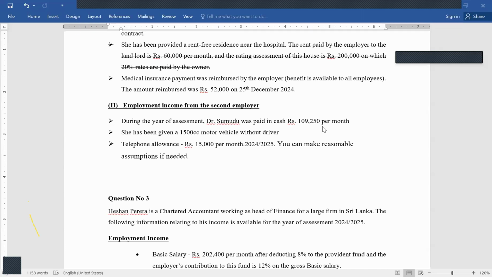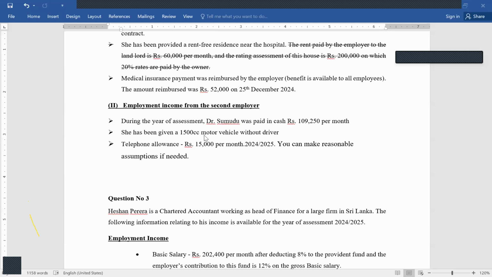So she has received this amount. The second employer, when deducting APIT of Dr. Sumudhu, should apply table 7 for the calculation of these amounts.